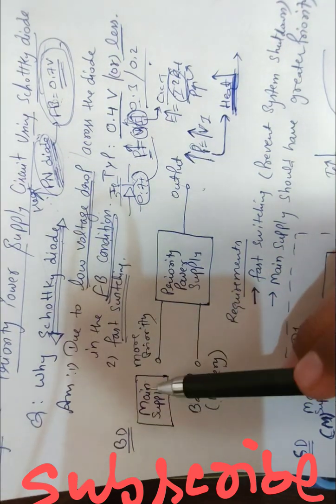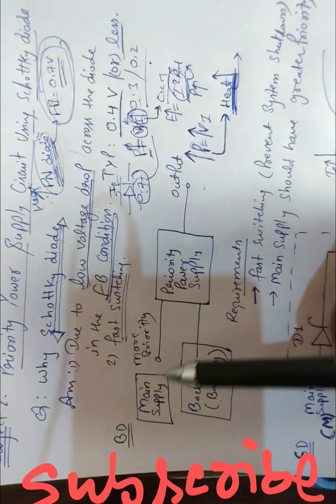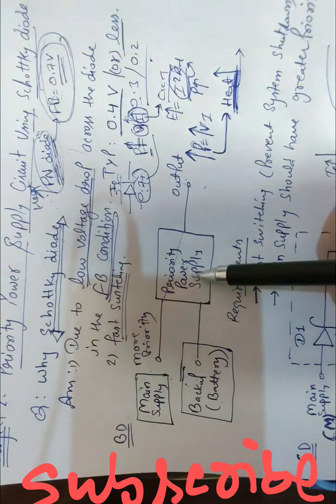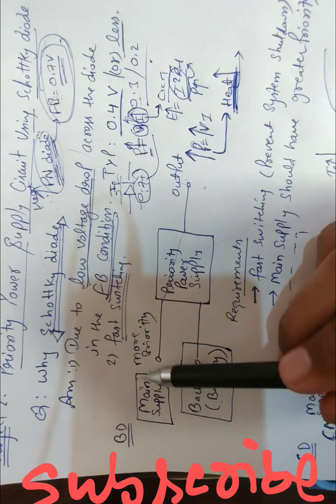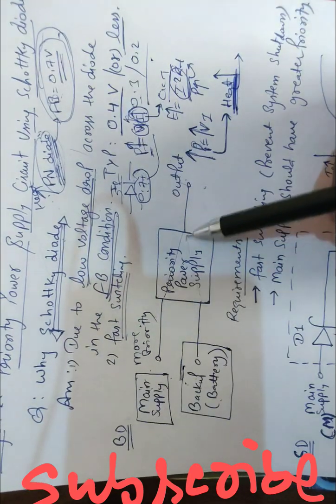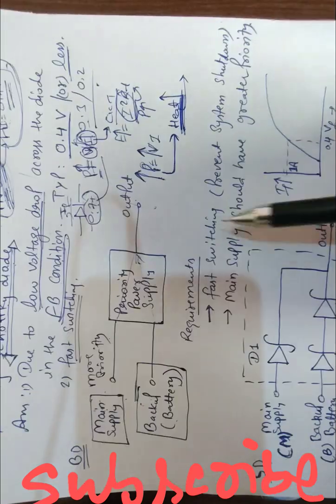That is, when both the power supplies are present, the output will connect to the main supply, not the backup supply. Only when the main supply is absent will the backup go to the output. So this is our requirement.